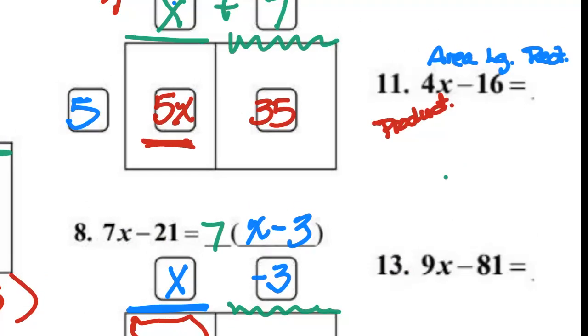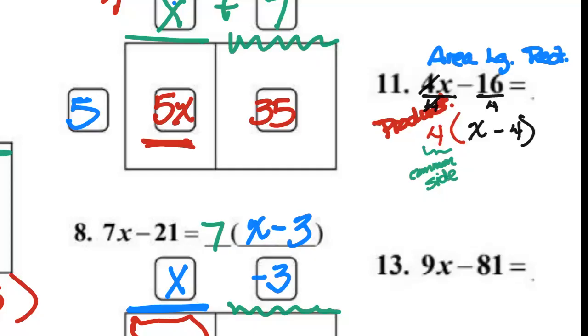What is the greatest common factor of both of those terms? 4. So you factor out the 4, and for my kiddos and my classes, I will actually write divided by 4 there to help them out. So 4 divided by 4 simplifies. I'm left with x here, and negative 16 divided by 4 is negative 4. So this would be right here your common side, and this would be kind of your length on top.